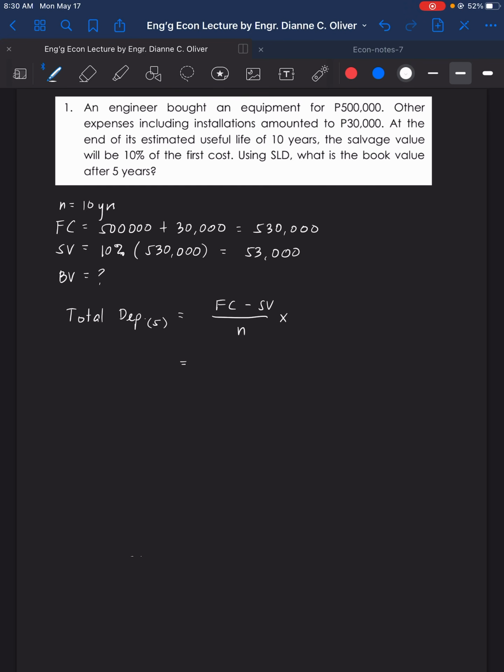So that is equal to first cost of 530,000 pesos minus the salvage value of 53,000 divided by 10 times 5. So what is the total depreciation for 5 years?